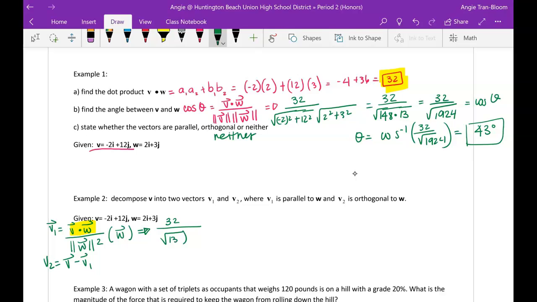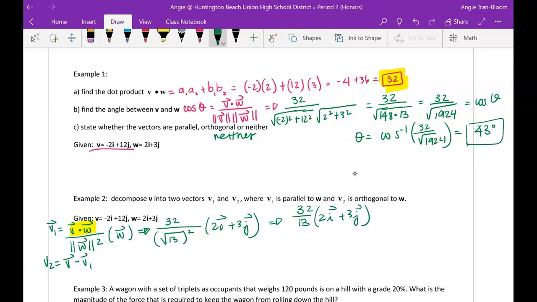And then W is 2i plus 3j, I need to multiply it back. So on the top, I now have 32. On the bottom, square root and square, that's now just 13. So now I would just multiply to 2i plus 3j.